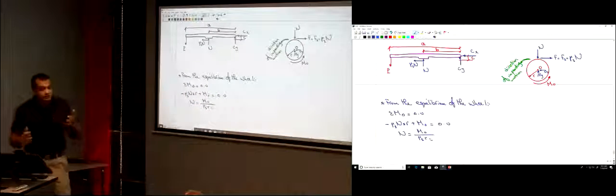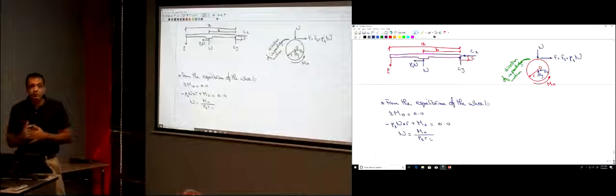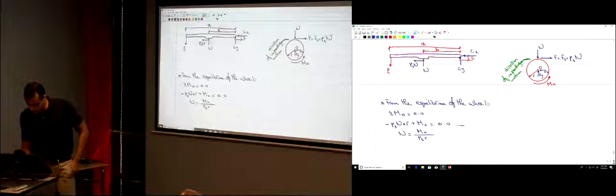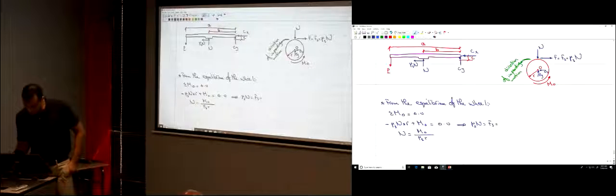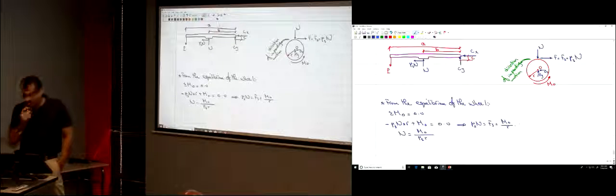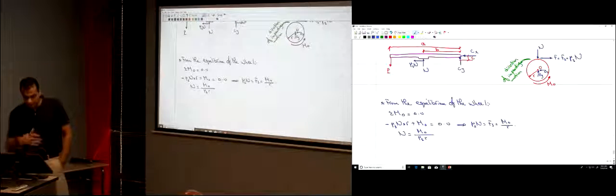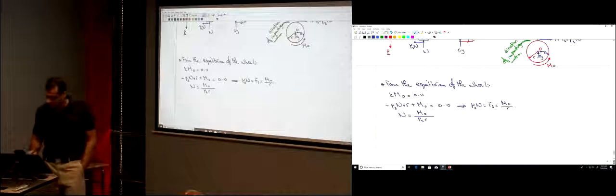We're going to use this in a few moments. So here, mu s N, which is the frictional force, is equal to M naught divided by r. I'm going to use this not in this problem, but later on. So N is equal to M naught divided by mu s r.